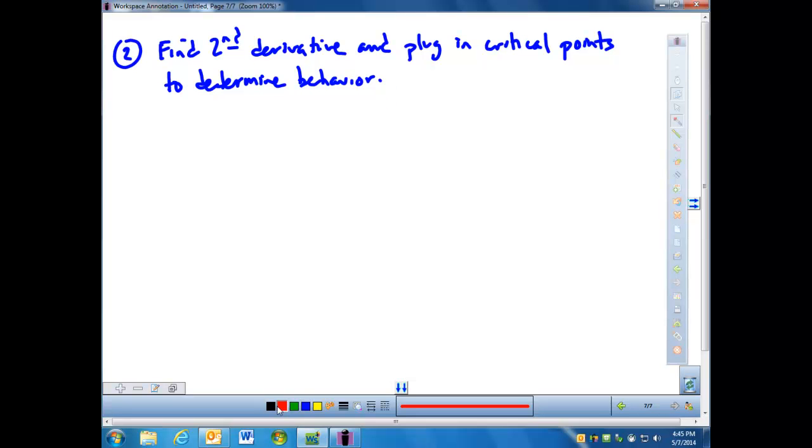So, like I mentioned before, I don't have to really do anything with x equals 0. That's an asymptote, so I don't have to plug that in. That isn't going to work out. But let's take the second derivative now.